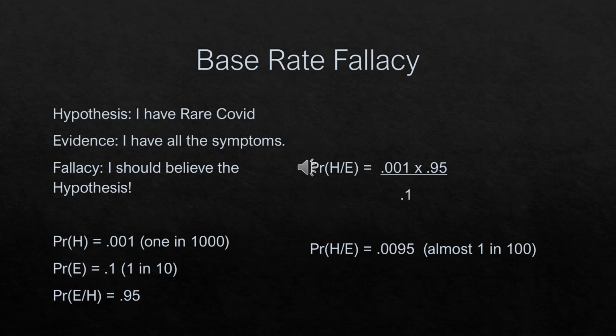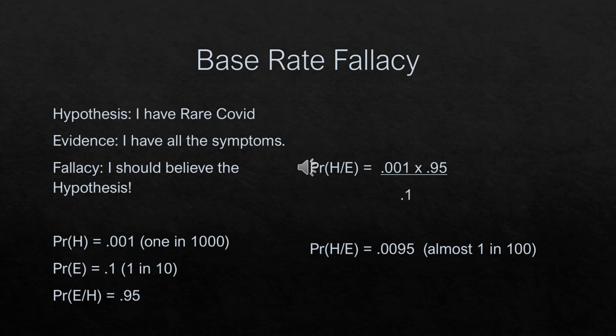We'll just make up a disease, rare COVID, some very interesting strain of COVID. The evidence that you have is that you have all of the symptoms of rare COVID. And then the fallacy is ultimately that you should believe the hypothesis that you have rare COVID.